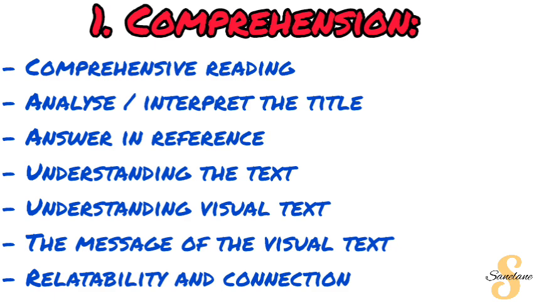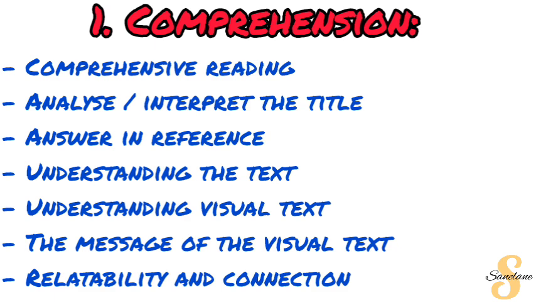So there are questions that will need you to answer looking at the article as a whole, as well as questions that will just need you to zoom into a specific paragraph. You need to make sure that you understand what you need to refer to as you are answering. And then we have to make sure that you understand the text, what the messaging of the text is about, or what the writer was trying to influence over the reader.